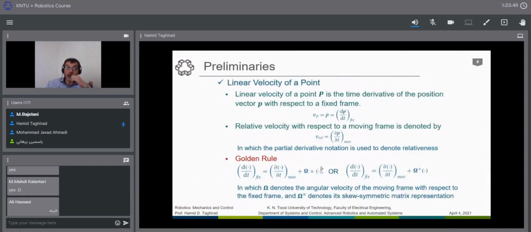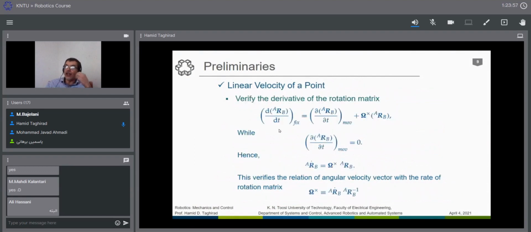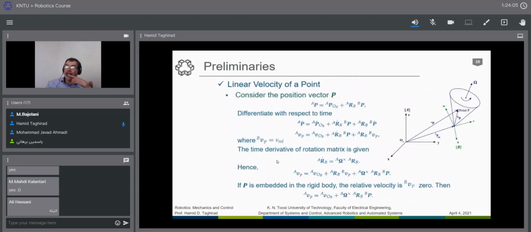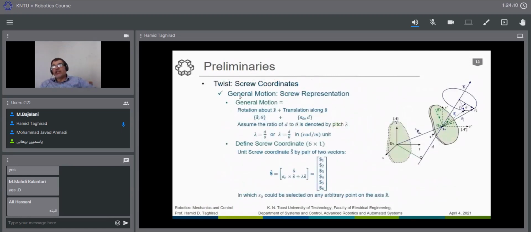The most significant part of this is this golden rule that we use for several different differentiations, and we have used it to prove that omega cross is R dot times R inverse. We have a velocity P in general, and we define the twist as a concatenation of the angular velocity at the top and the linear velocity of a point P of our interest at the bottom.